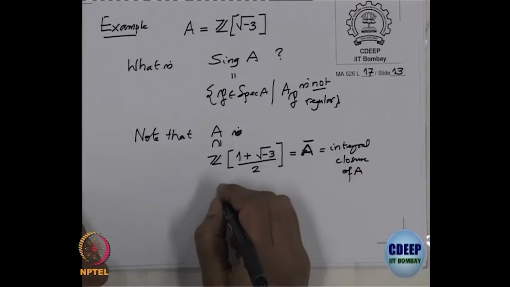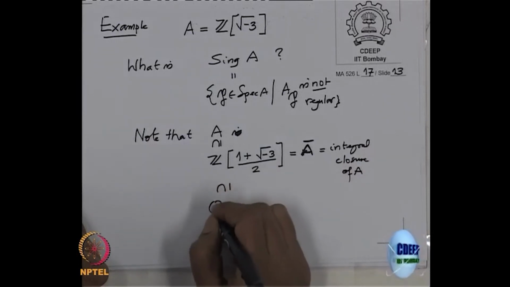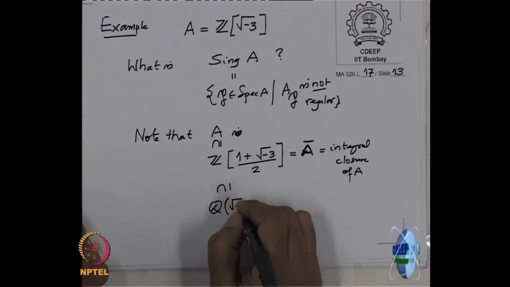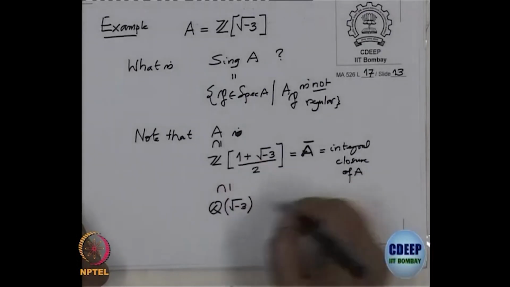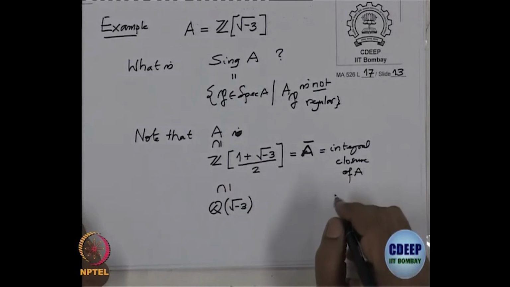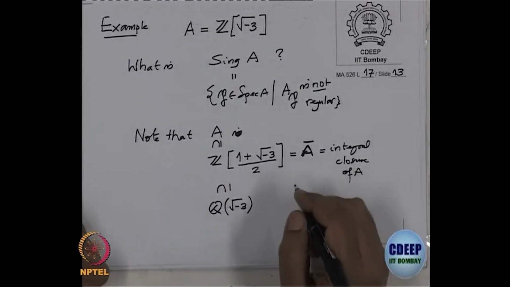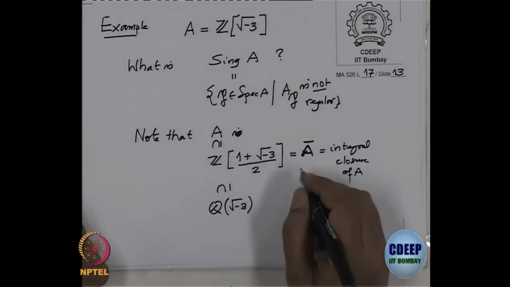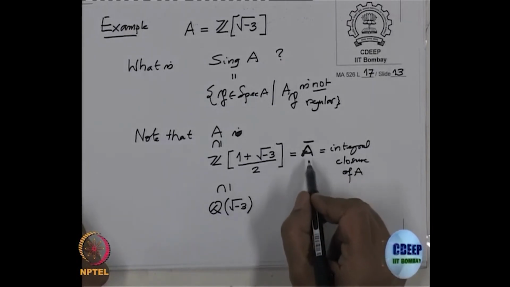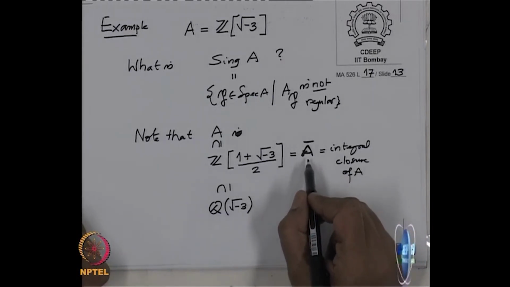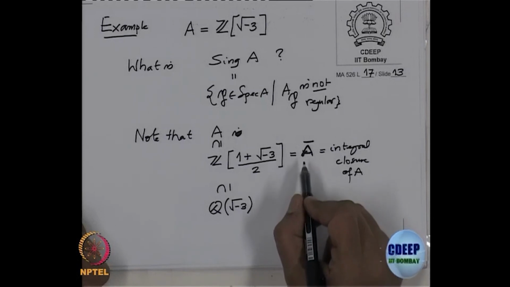What is the quotient field? Quotient field is precisely Q[root minus 3]. This is the integral closure. That is not too difficult to see. This integral closure, and we have seen in the one dimensional case, normal and regular is same.